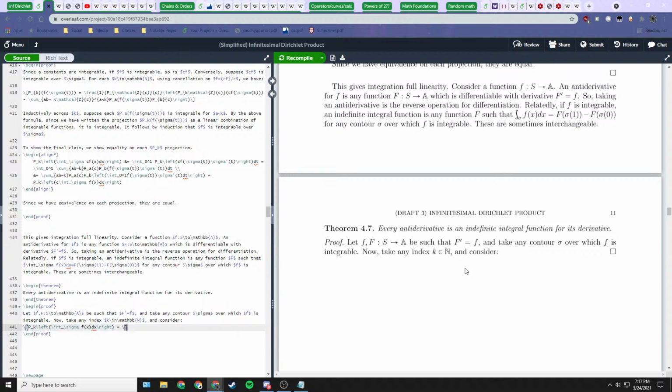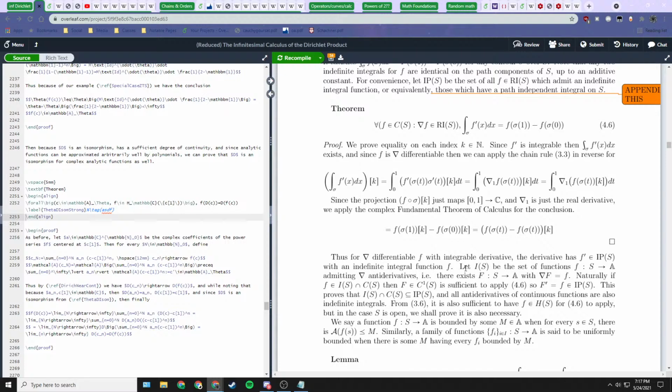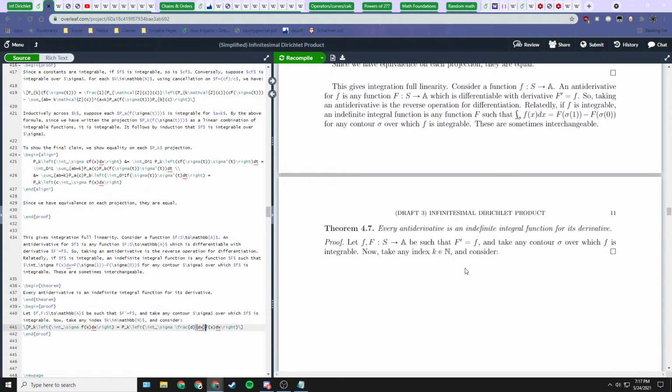F is actually the derivative, d/dx of capital F. Actually, let's not do that quite yet. Let's pull this projection through. This is the integral from 0 to 1 of f of sigma of t times sigma prime of t, and we can instead say capital F prime.